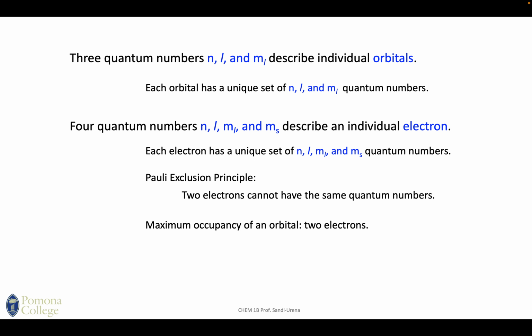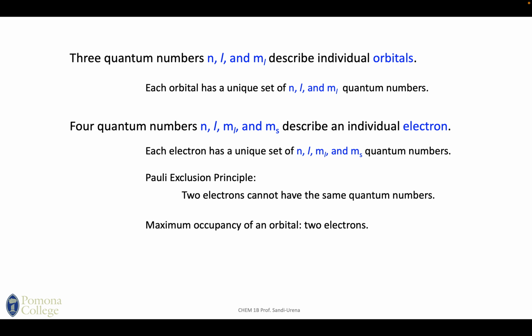We just said that there's a 4th quantum number that describes the electron. When an electron occupies an orbital, we attribute the properties of the orbital to the electron. So we associate with that electron of a certain energy an n value, l value, and m sub l value, though we know those are properties of the orbital.